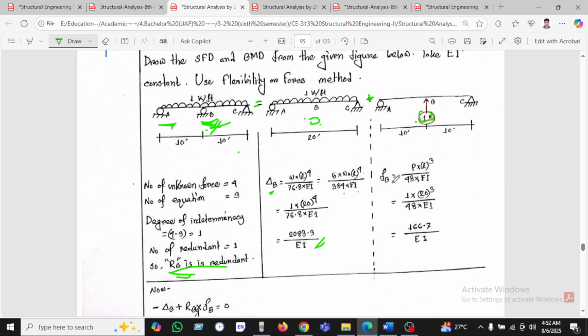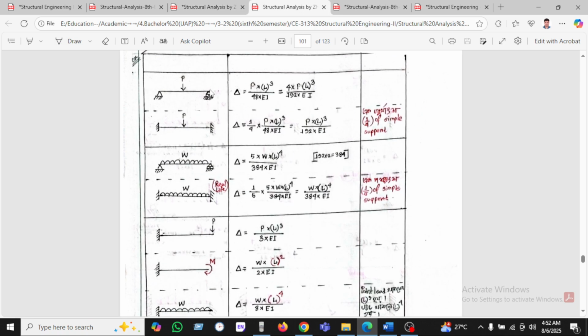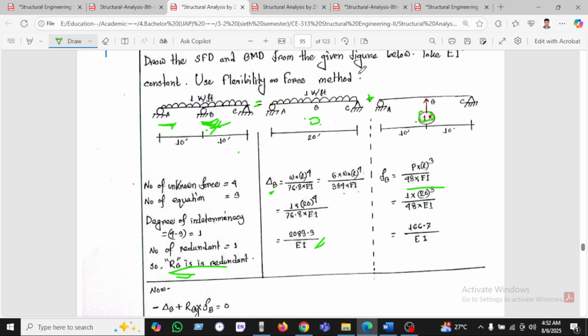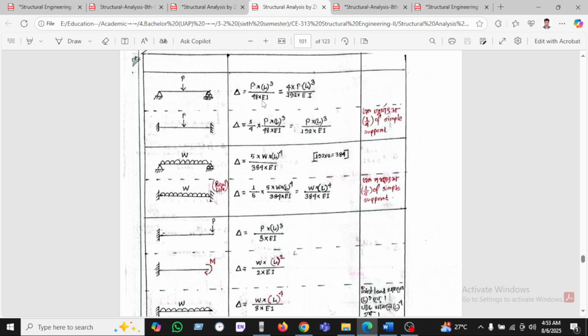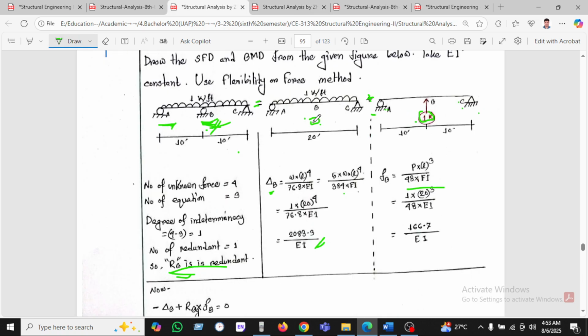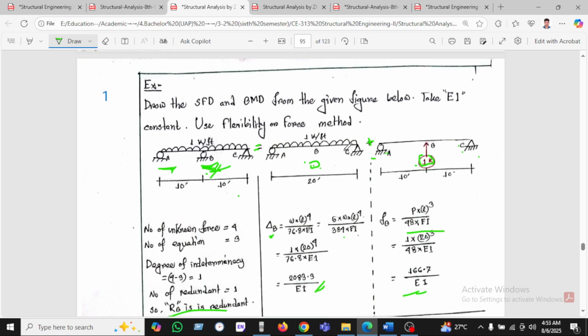On the other hand, for the point load we use PL cubed by 48EI. As we know, this is our figure, and this is a determinate structure, the simply supported beam, so we can use the formula PL cubed by 48EI after removing a support.